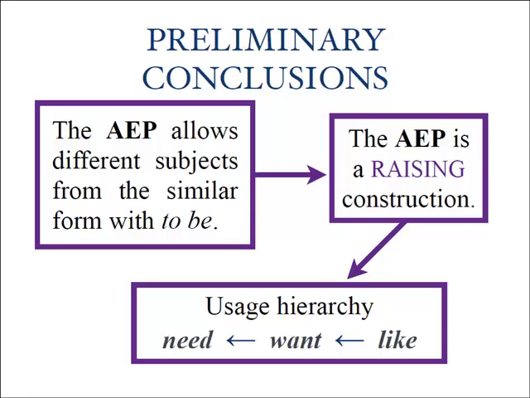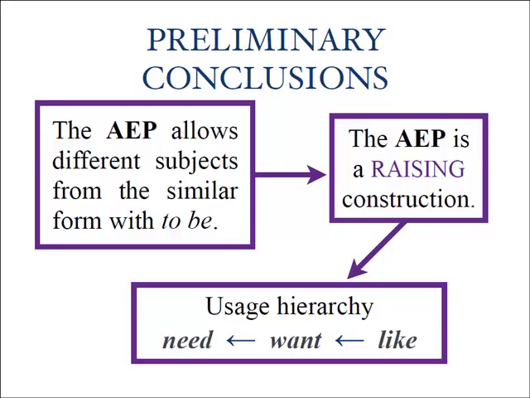And this corresponds very nicely with the usage hierarchy. If we think about people who have the AEP, they also have some awareness and some use of more standard forms, not necessarily the standard embedded passive, but other types of standard forms with embedded verbs, for instance, and with passives.